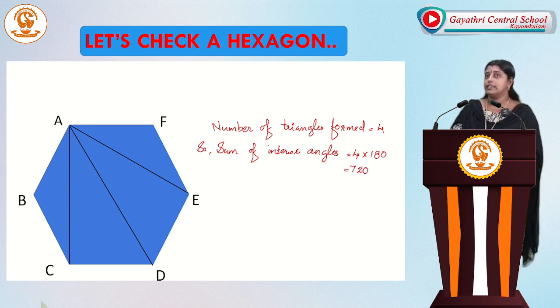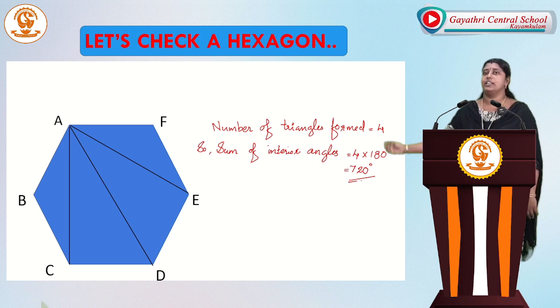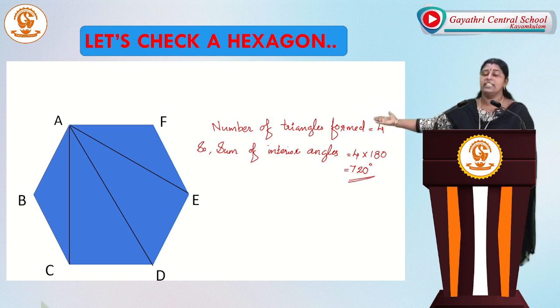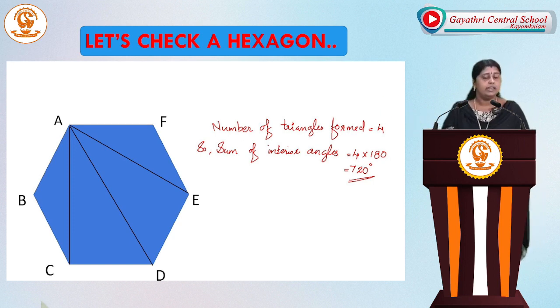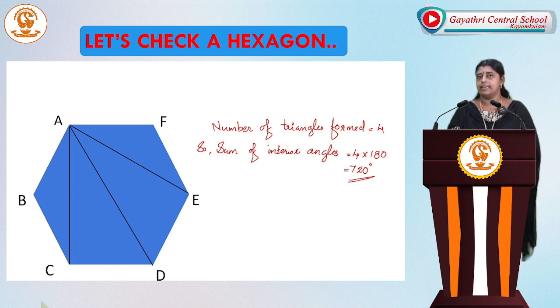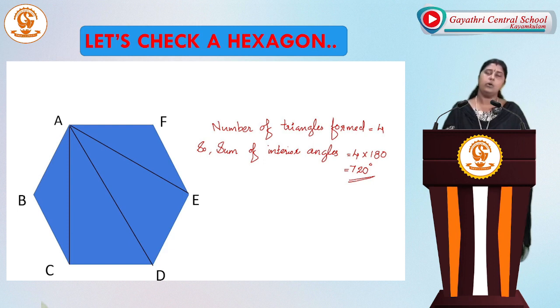You can calculate it. 4 into 180 is 720 degrees. So the sum of interior angles of a hexagon is 720 degrees.